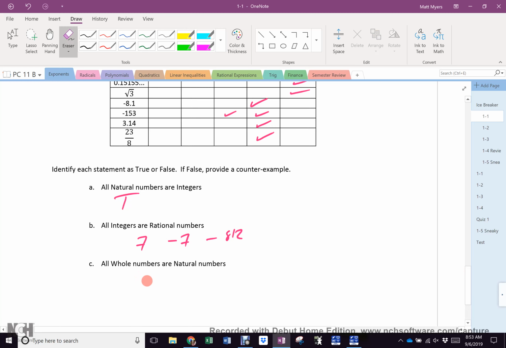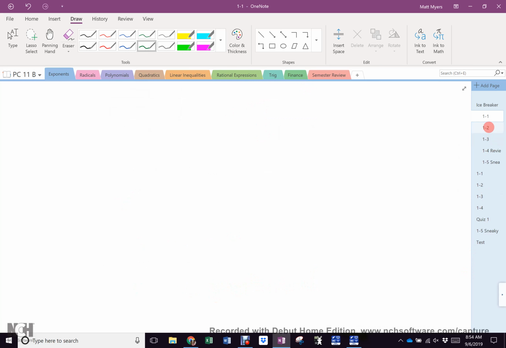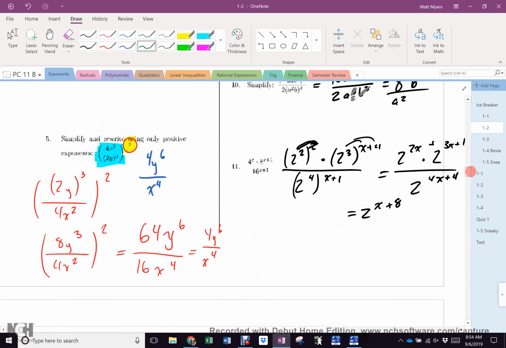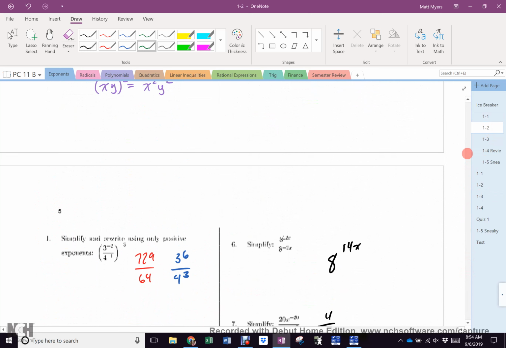Oh, I'm using a highlighter. What an idiot. That's false because 0 isn't natural. Everybody good? And then there are the right answers to this page.